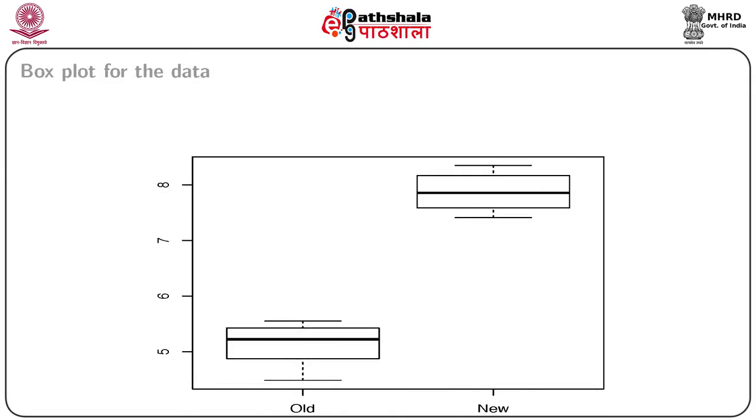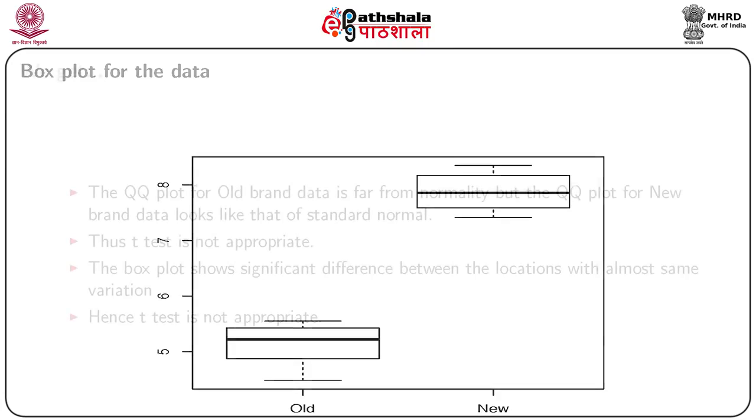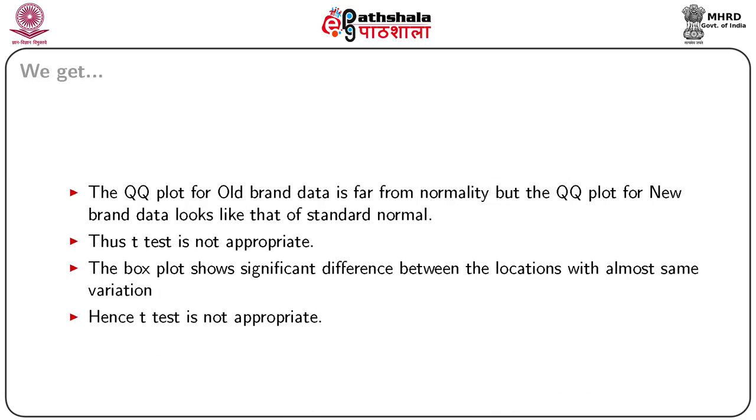In addition, we prepared a box plot for each brand to see the nature of difference. So, what do we get? The QQ plot for the old brand data lacks normality, but the QQ plot for the new brand data reveals that the underlying distribution might be normal. Thus, we have one non-normal distribution and the other normal, and hence the t-test is not appropriate.